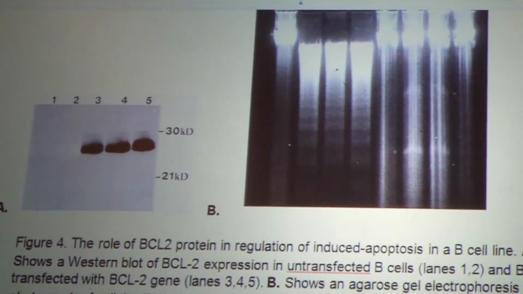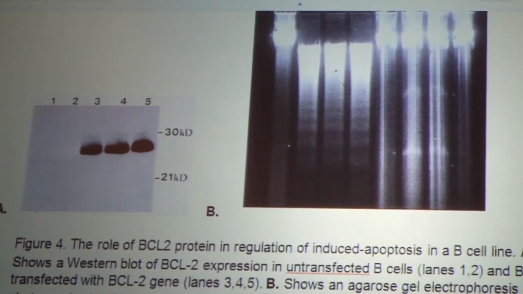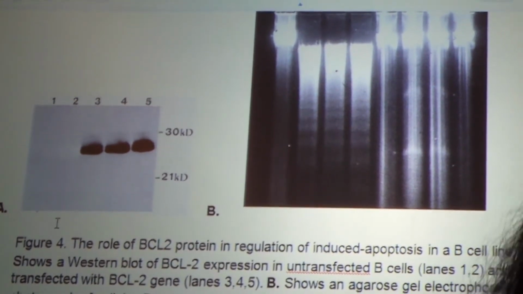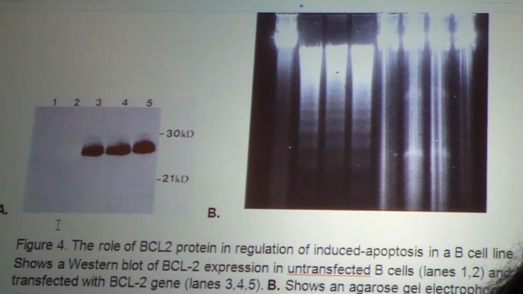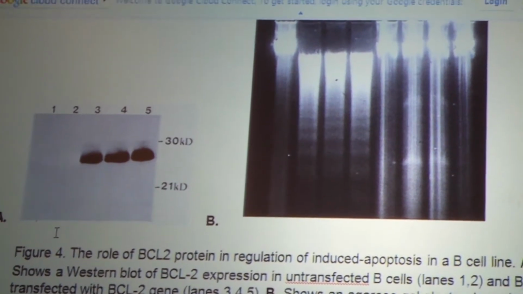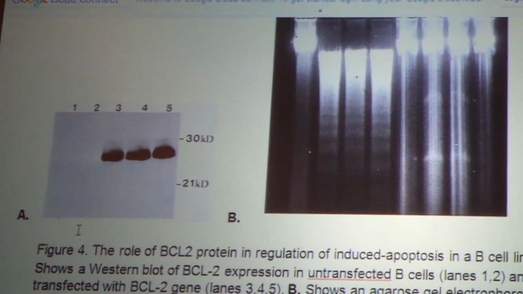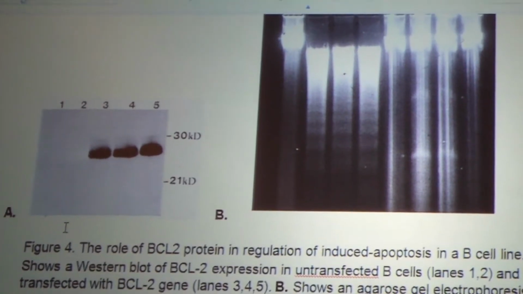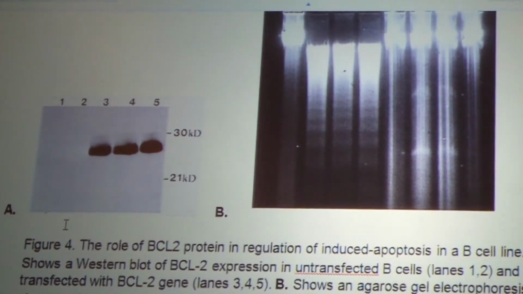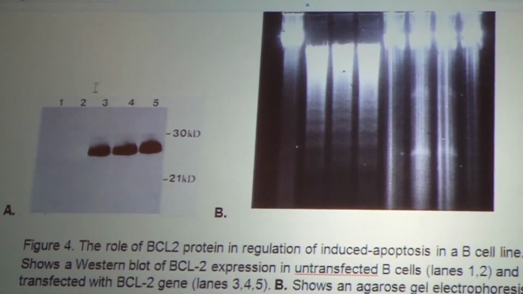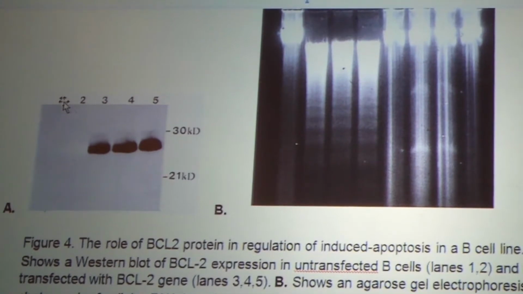So again, it's a lymphoid line. Figure A, that's this one, shows a Western blot of BCL2 expression in untransfected B cells, lanes 1 and 2, and cells transfected with BCL2 gene, lanes 3, 4, and 5.